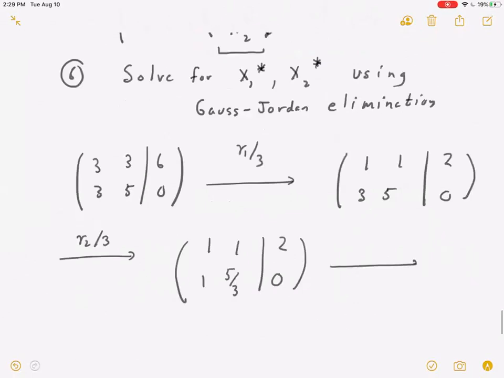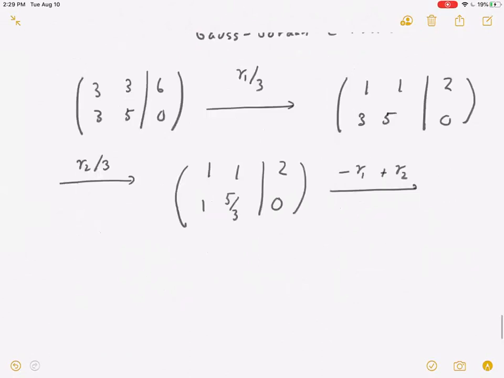Let me take a Xerox copy of row 1, multiply it by -1, and add that result to row 2. So row 1 is not changed, but row 2 is definitely changed. And I've placed a 0 underneath the leading 1 in the first column, which is a good thing.